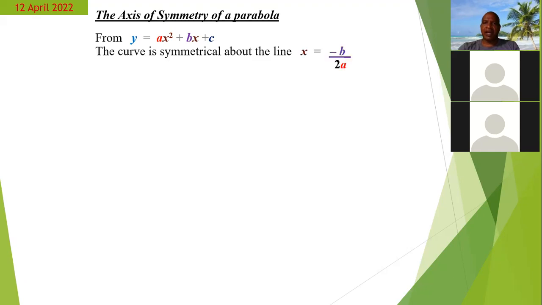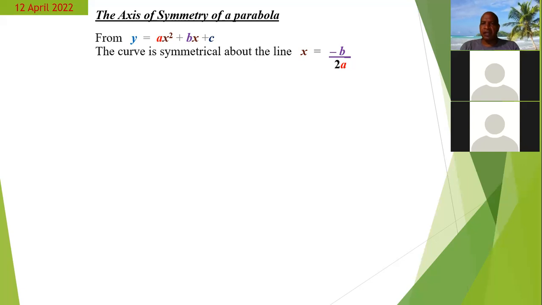Now, when we talk about the axis of symmetry, we're talking about that line that cuts the curve right down through the middle of the curve so that the left side of the curve can fold over on the right side. Now, when you think about a perfectly symmetrical face, when a person has a perfectly symmetrical face, you can draw a line from the forehead down to the nose, through the lip, so that the left side of the face would match onto the right side of the face.